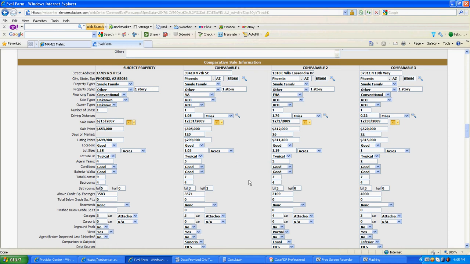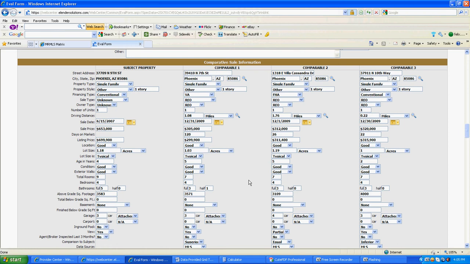You're telling them, don't list it for more than X number of dollars, or your chances of selling this are not very good. When you're picking this comp, you want to pick a comp that is superior to your subject and that sort of tops out your value. You want to make sure that it is a ceiling value.